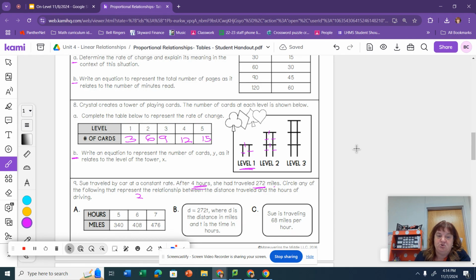So we're going to take the 272 and divide it by 4. So that would be 68. Okay. So our equation is y equals 68x. So which of these would be correct now that I know that y equals 68x?